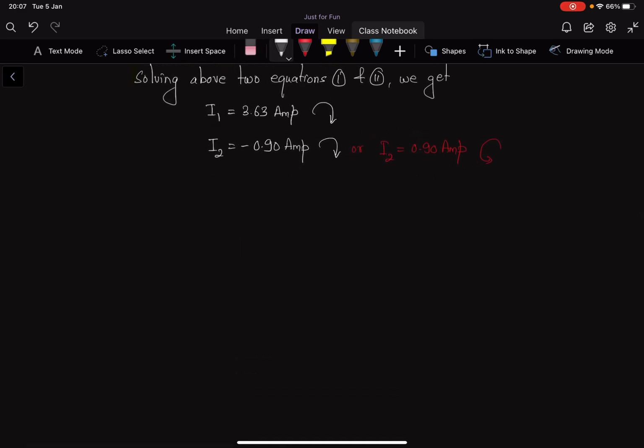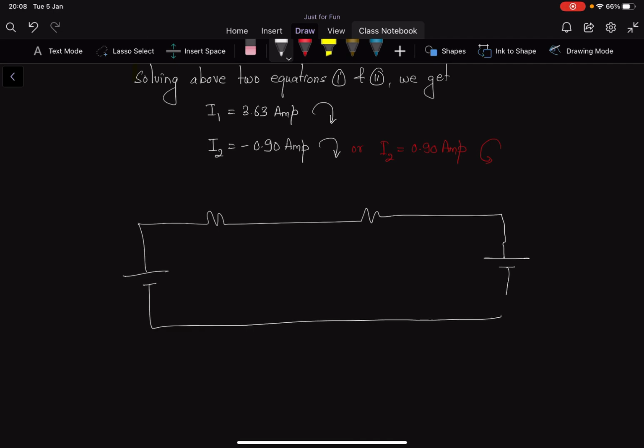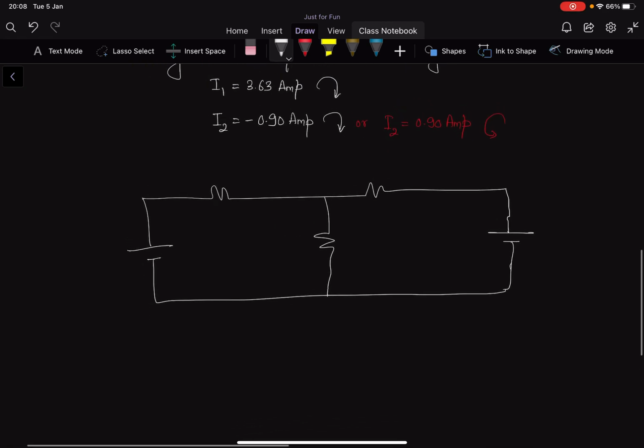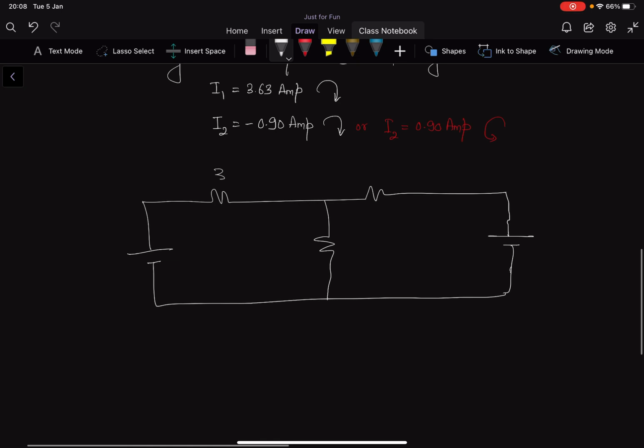So the circuit we have here is this, and then we have a voltage source here, and then we have another voltage source here, and then we have a resistor which is in the middle between two loops. And the value of this resistor is 3 ohm, 1 ohm, and this is 2 ohm.